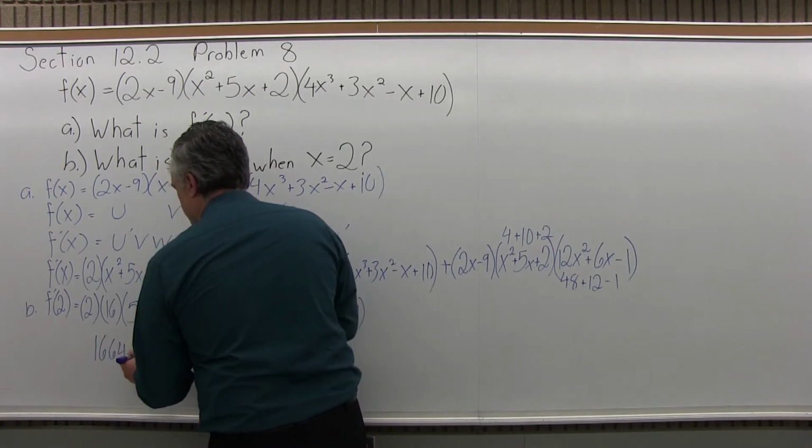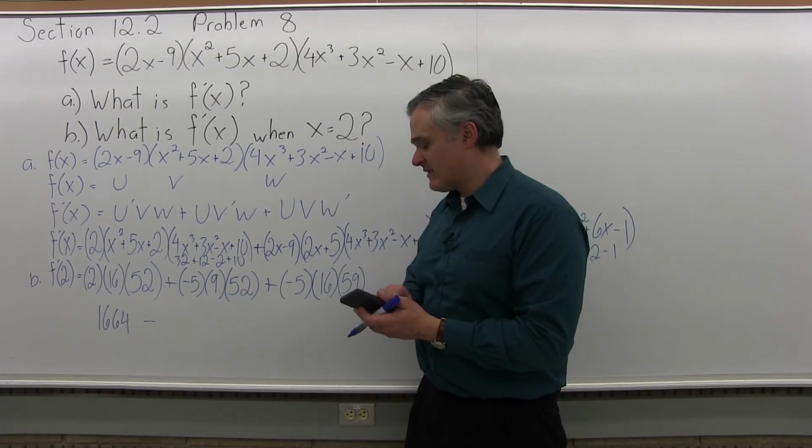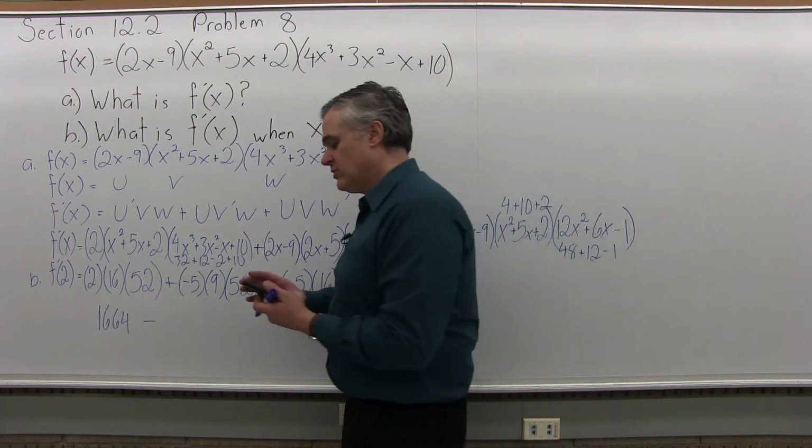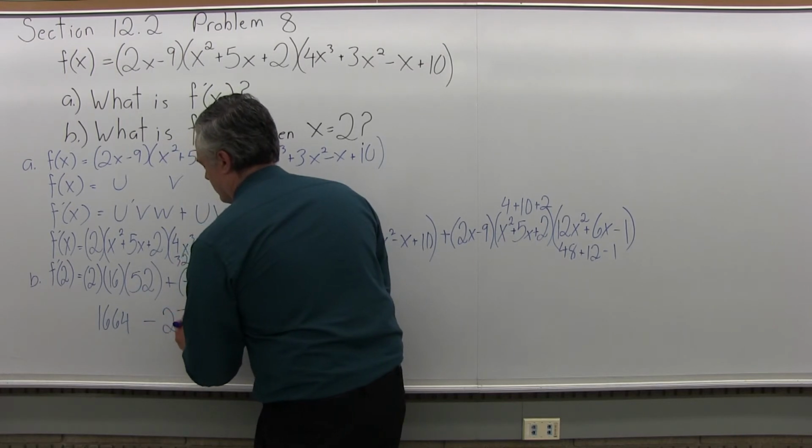And the next part of it's going to be negative because I have plus a negative 5 times 9 times 52. So negative 5 times 9 times 52 comes out to 2,340, and I'm going to subtract that, 2,340.